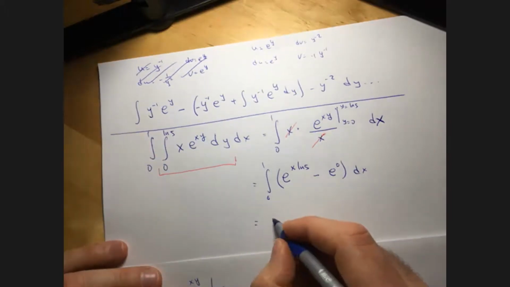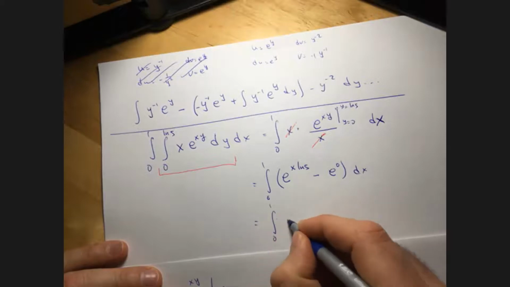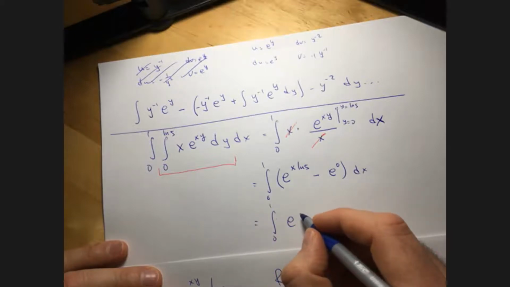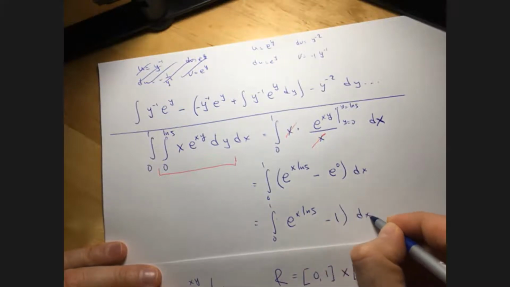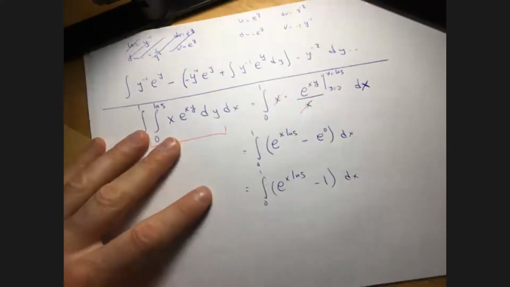But this is nothing else but 0 to 1 e to power x ln of 5 minus 1 dx, right?